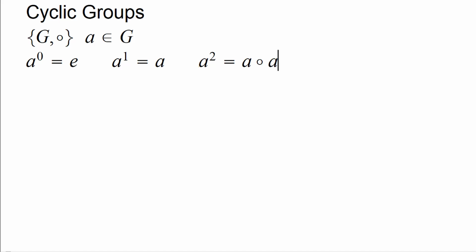And we can go recursively like this, that a to the power k plus 1 equals a to the power k composed with a, where k is a positive integer.